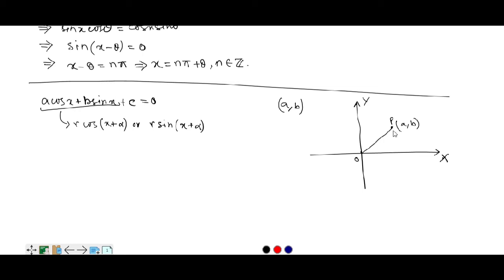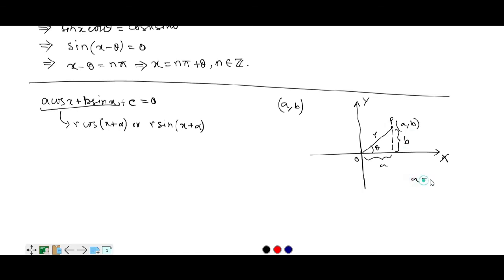On that circle, you can write, say this angle is theta and this length is r. So this is a, this is b.